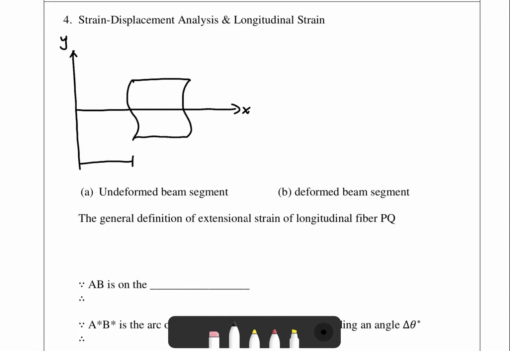So maybe this is X from the support, and the length is going to be called delta X here. And on this, let's find points on the neutral axis. So let's say A and B.